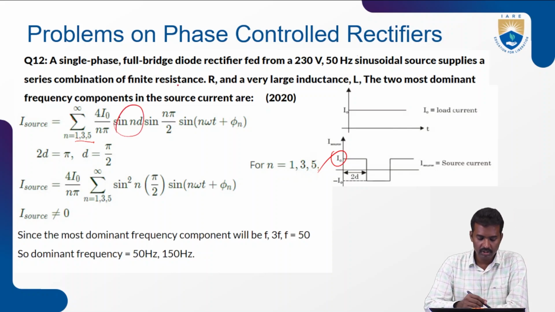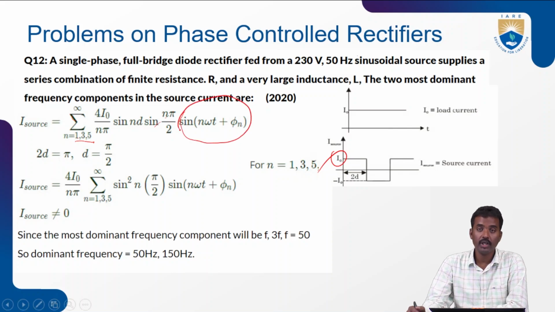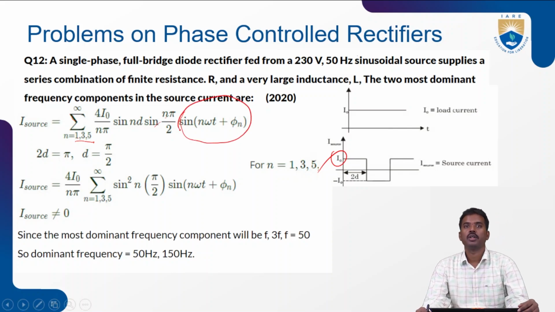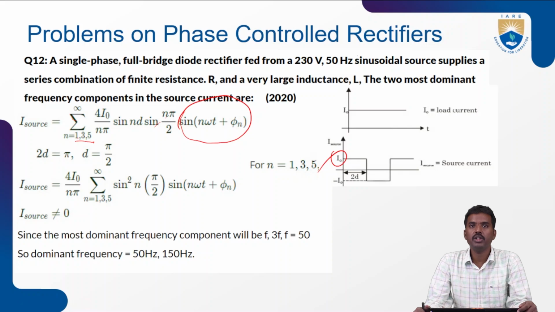Now here this d is the pulse width, and sin of n pi by 2, sin of n omega t plus phi. So here the pulse width 2d equals pi. Now d equals pi by 2. So this is a pi and this is a pi by 2.